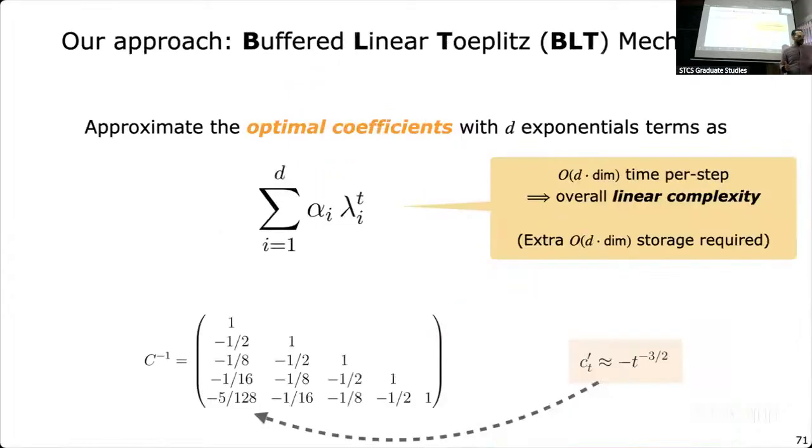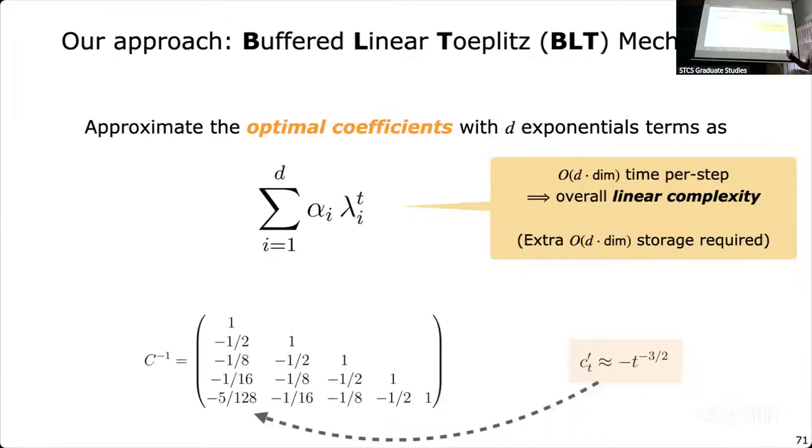Our approach, which we call buffered linear Toeplitz, is to do the same thing but take a sum of d exponentials, with some parameters alpha_i and lambda_i that we have to find, such that we approximate these optimal coefficients.